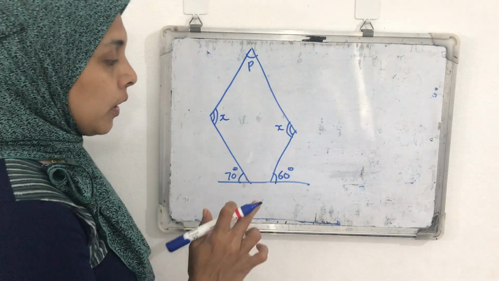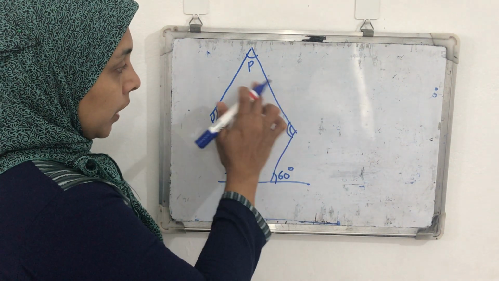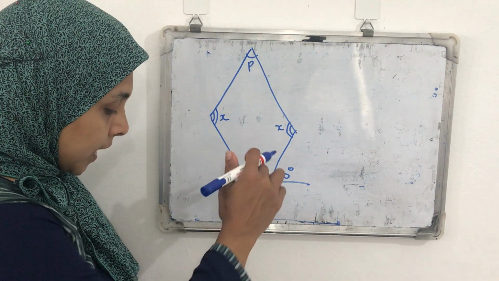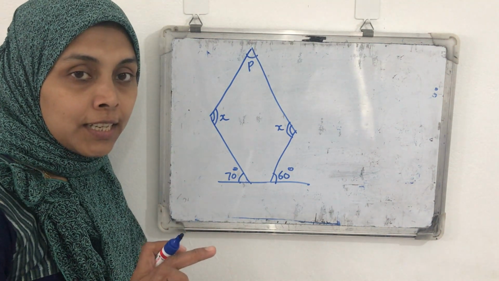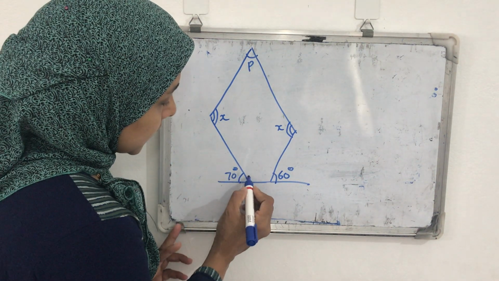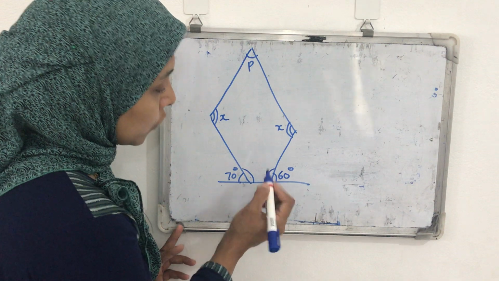Which polygon is this, how many sides? 1, 2, 3, 4, 5 sides. What will be the angle sum of these 5 sides? The angle sum of a pentagon is 540. When we add these, this angle is not given, this angle also we don't know.